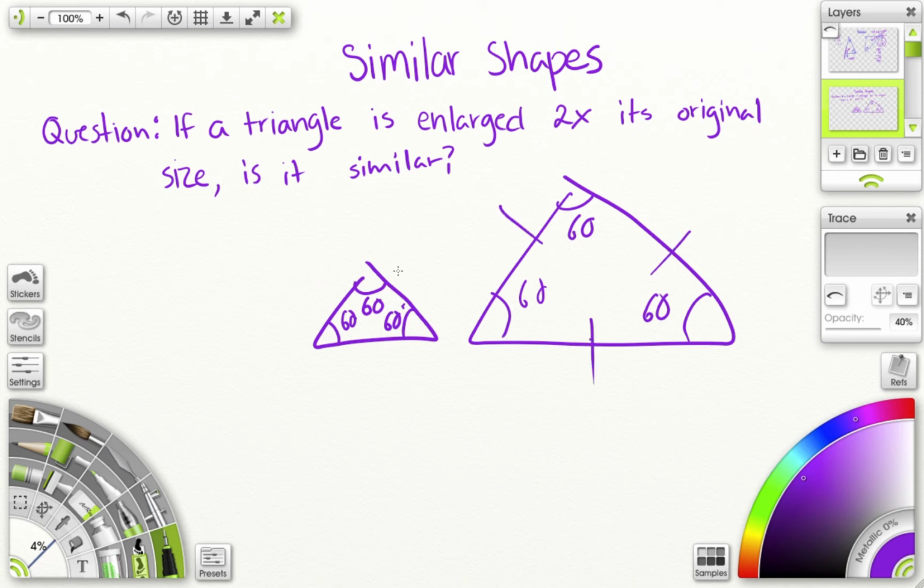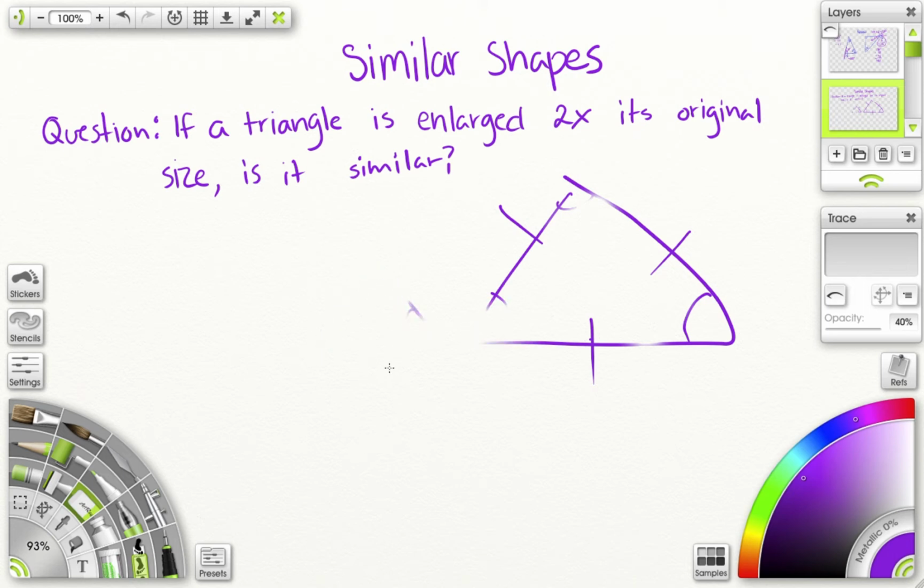Obviously, these are not perfect equilateral triangles because I can't draw very well. But I can clearly tell, oh yeah, that's similar, no problem. I don't even have to really think about it. But what if I'm not given the angles? What if I'm only given side measures?